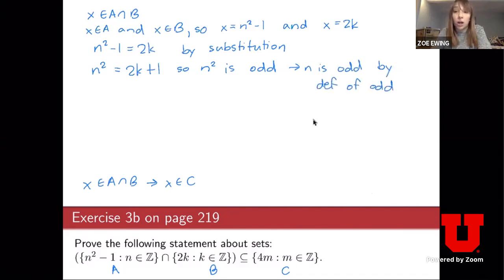So if n is odd, does anybody want to say what they wrote down n was equal to? You can also put it in the chat.